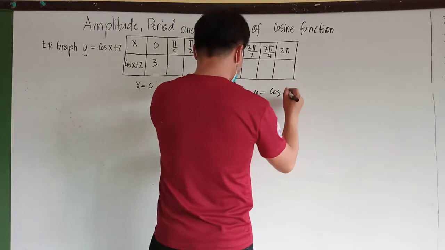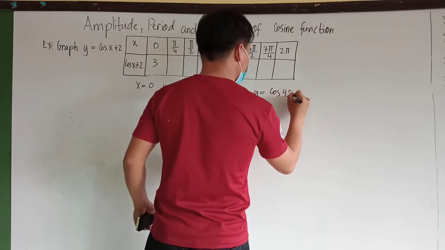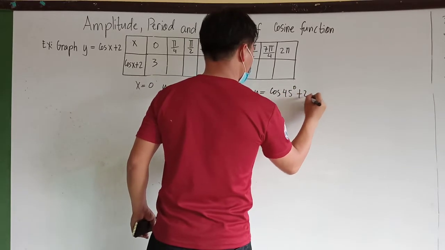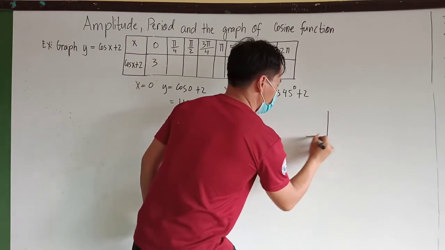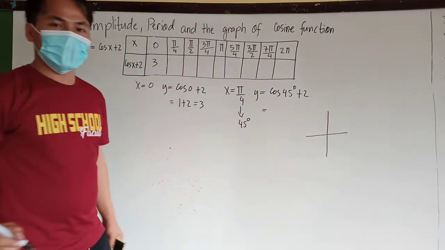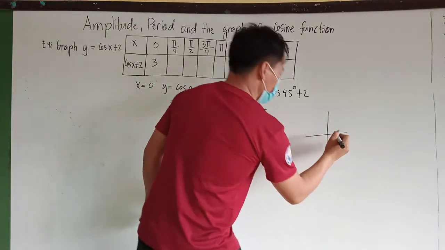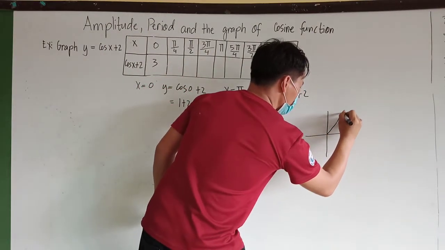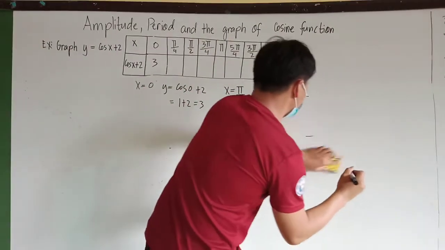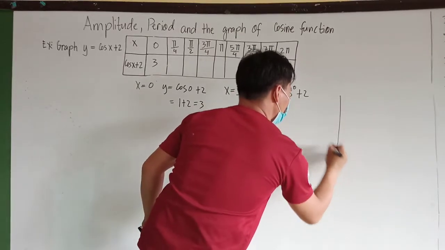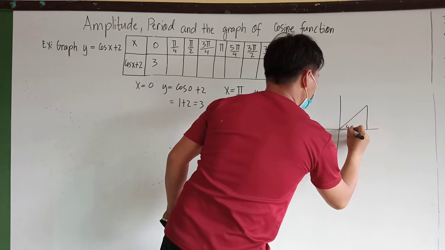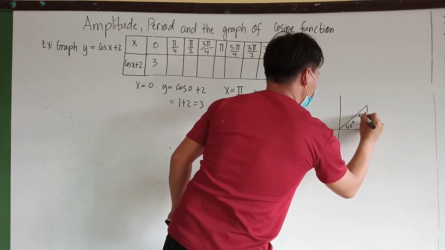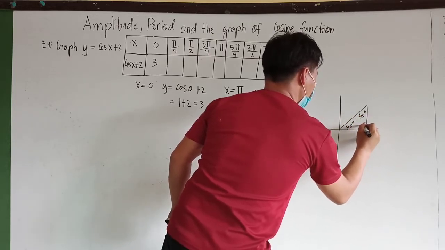So we have cos of 45 degrees plus 2. We know cos of 45 using the rectangular coordinate plane and the special triangle: 45 degrees, 45 degrees, and 90 degrees.